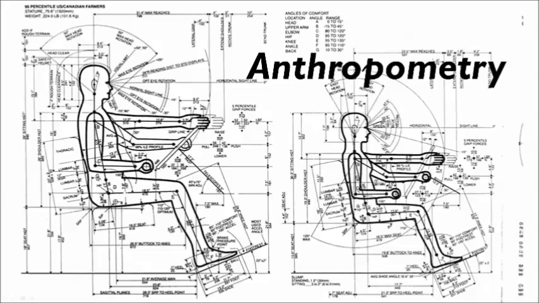Now, when we're talking about residential spaces, you might be looking at something that is much more customized and much more in tune or designed to a specific individual. And in that case, the anthropometry measurements can be much more specific.